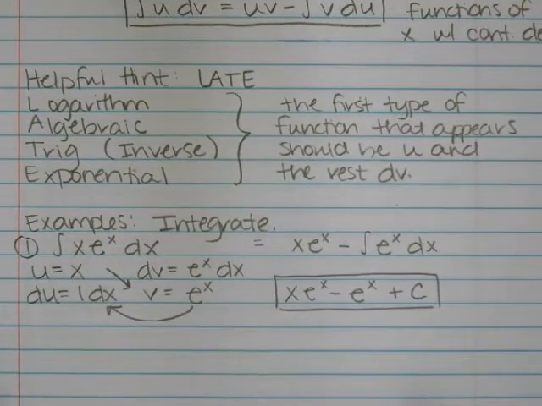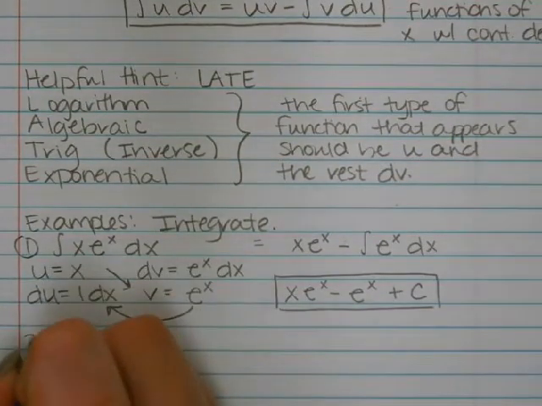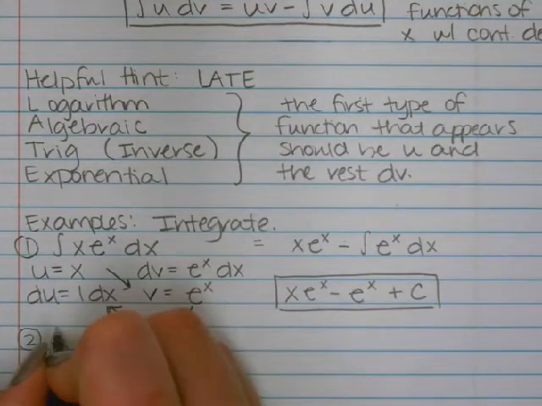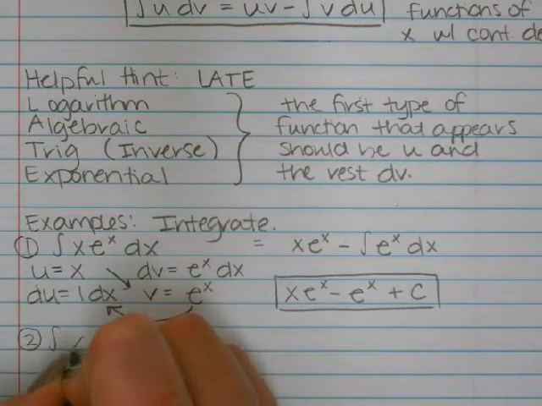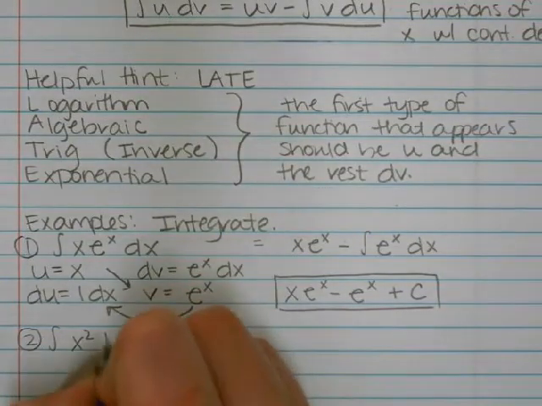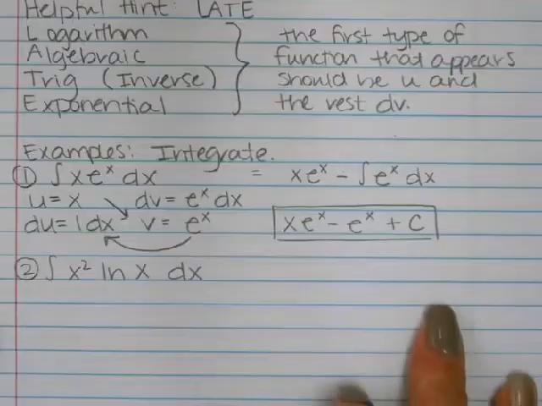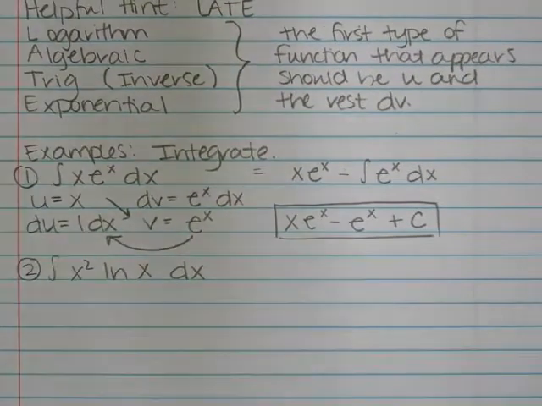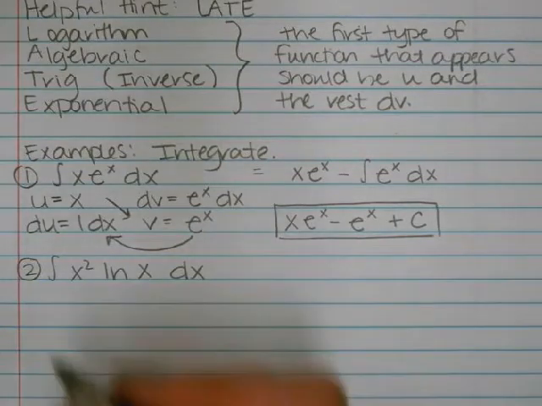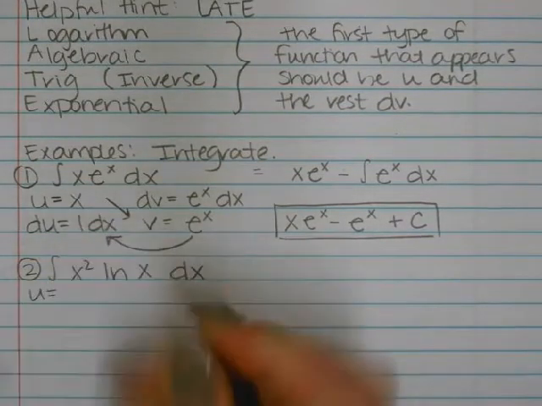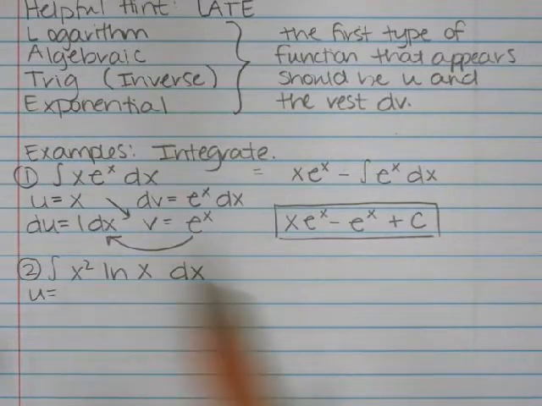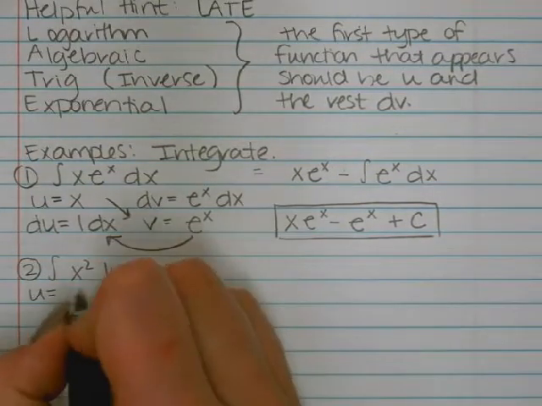For our second example, we're going to be integrating x squared ln x dx. And again, I'm thinking of LATE, that acronym, and I need to recognize what my u is. Here I see a logarithm, in this case a natural log, and I'll go ahead and use that as my u.